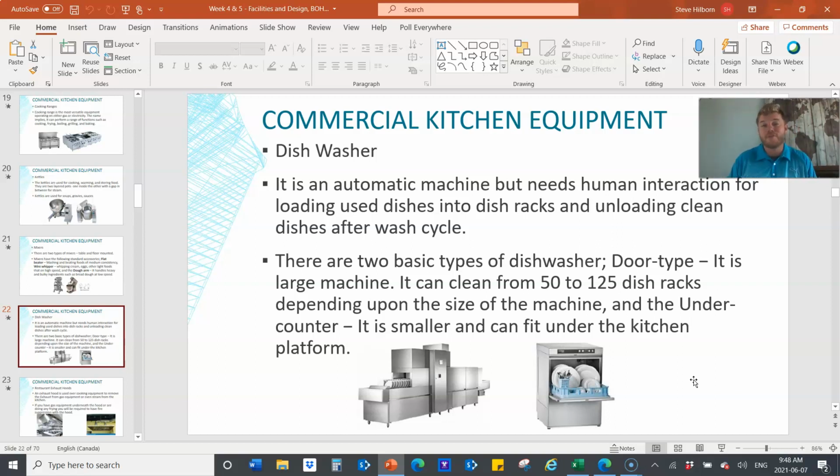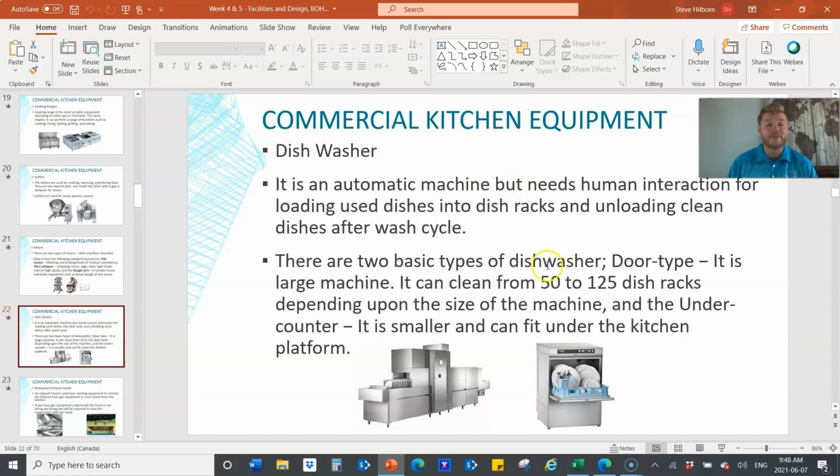When it comes to dishes, which are easily just washed and put back into the cycle, you shouldn't be waiting on this. But this is where kitchens slow down more than anywhere else, which is hard to believe. So often we have automatic machines that need human interaction for loading and then unloading. We rarely, in most kitchens, have the 3-sink process, although we will go over that in the future.